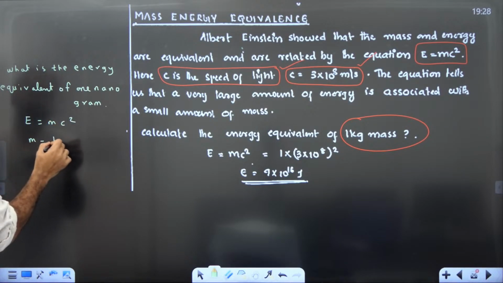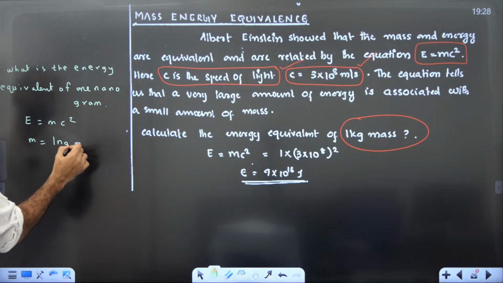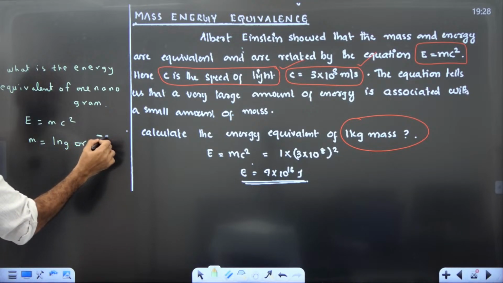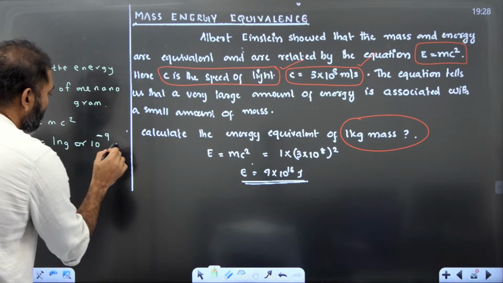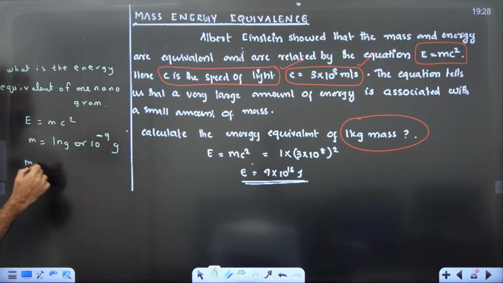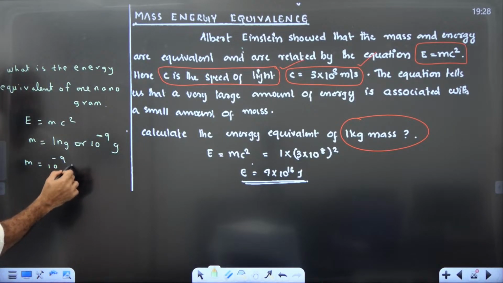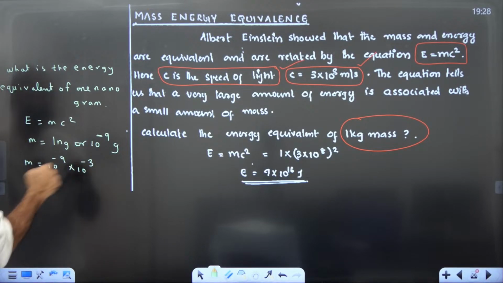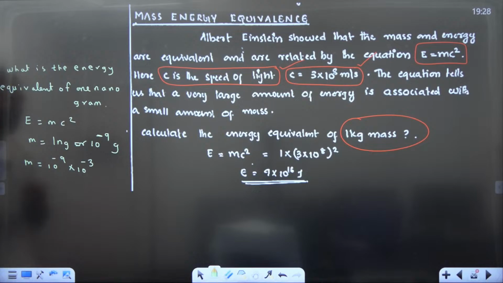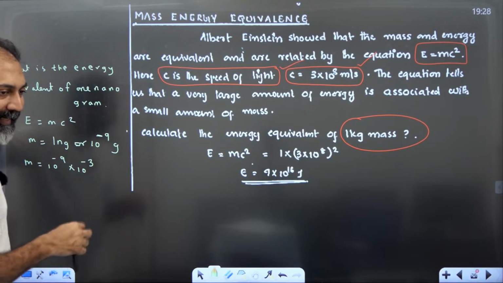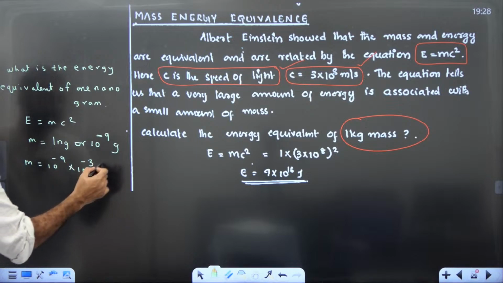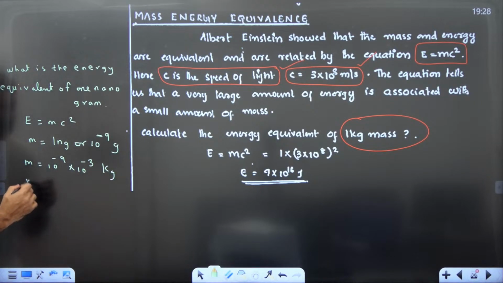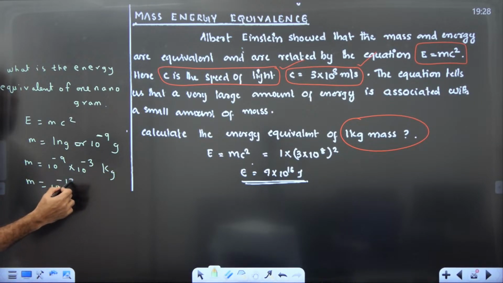M equals 1 nanogram, or 10 raised to minus 9 gram. So mass is equal to 10 raised to minus 9 into 10 raised to minus 3. Many students will forget this step. Nano is 10 raised to minus 9, and nanogram has to be converted. So 10 raised to minus 9 into 10 raised to minus 3 kilogram. So mass is 10 raised to minus 12.